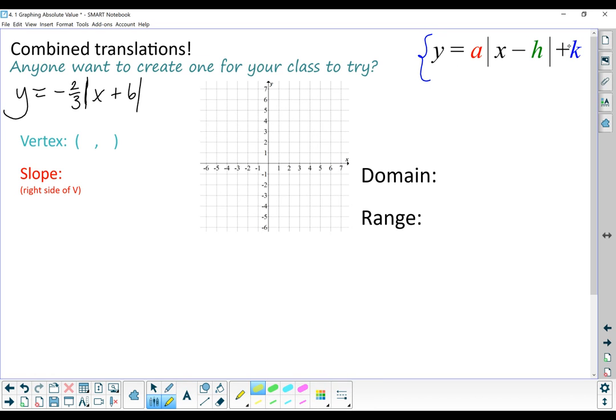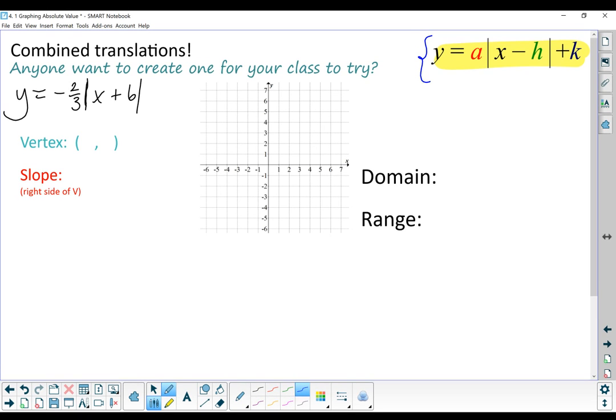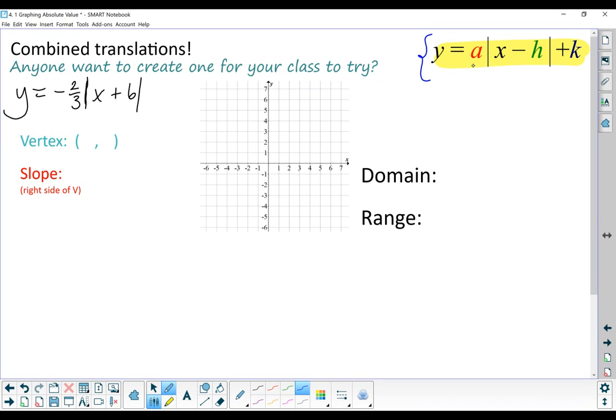So normally we would see sort of 3 numbers that we could identify to help us graph. The number in front helps us identify the slope. And then the 2 numbers here and here help us identify the vertex. So sometimes when those numbers are not visible in the equation, it makes it difficult for students to graph.